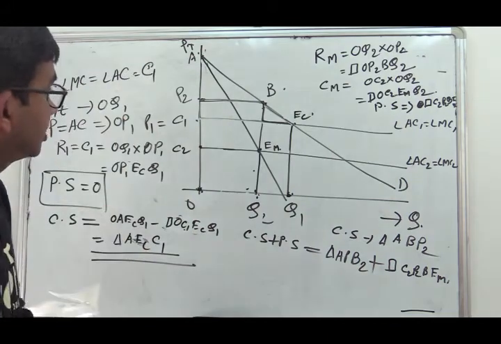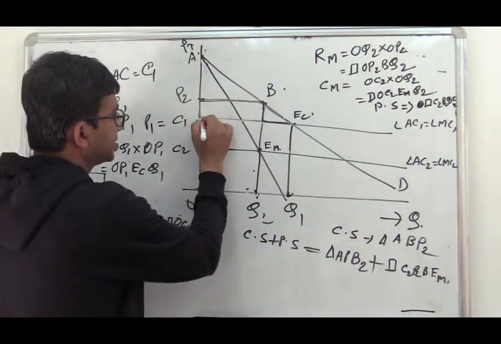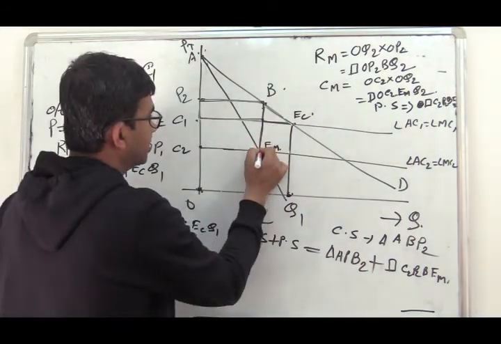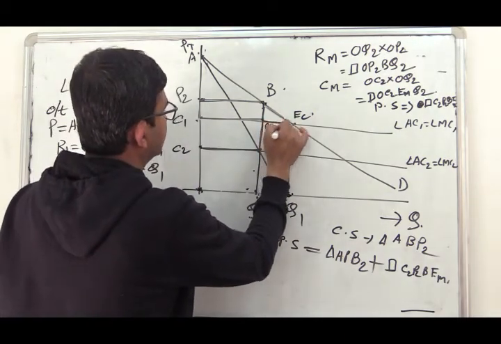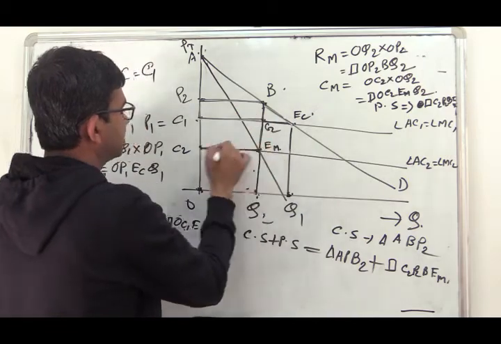But contrary to this, due to technical efficiency, the total surplus increases by this area C1, I can give it a name G, C1, G, EM, C2.